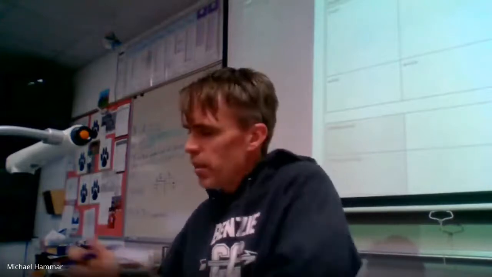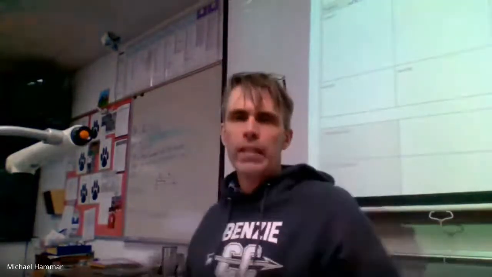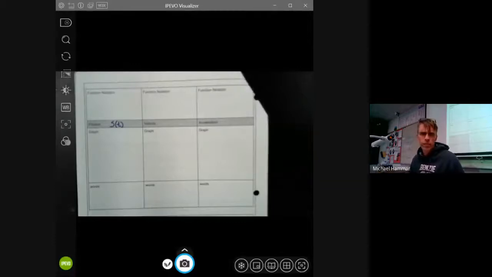So when we start, position usually is S of t, okay? S of t, where t equals time. Now let me present my window because I think you probably want to see that. So position is S of t.